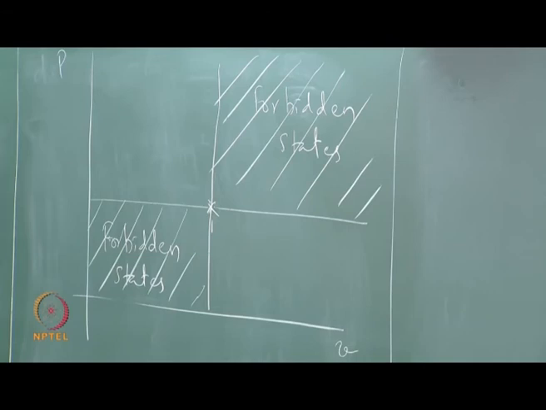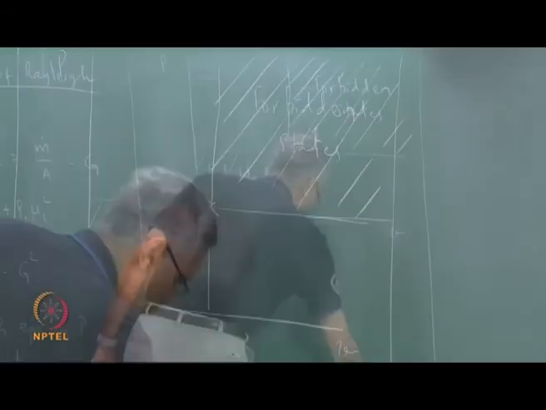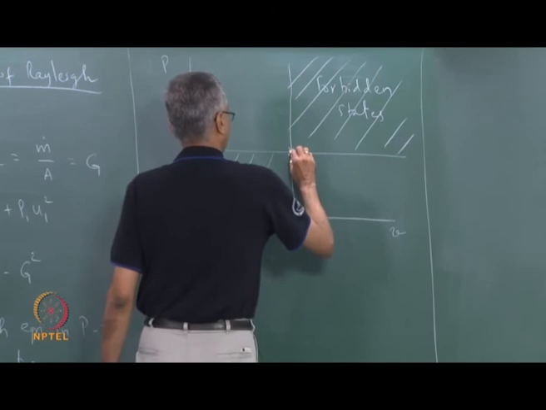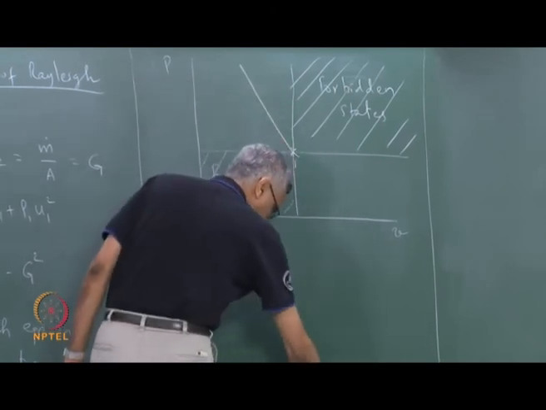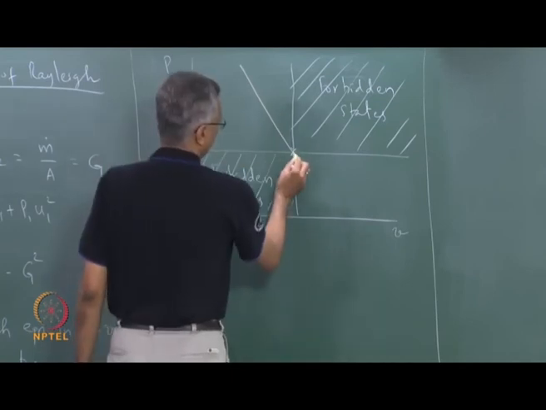So, I can either have a Rayleigh line which looks like this, or I am allowed to have a Rayleigh line which looks like this.